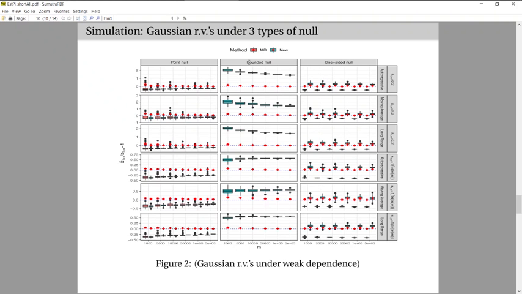Note that for bounded null, the MR estimator is undefined and is hence not shown. For each m, the box plots of the excess of the 2 estimators are shown as follows. The left box plot is for the MR estimator and the right box plot is for the new estimator. We can see that the new estimator in general outperforms the MR estimator in terms of accuracy and stability.